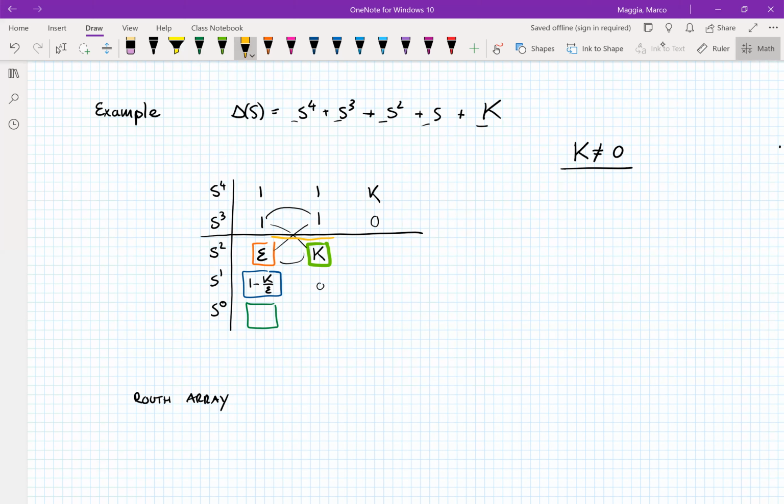Since we need these four coefficients, we have a 0 right here. So what we're looking for is the value above. And once again, that is k. All right, so our Routh array is 1, 1, epsilon, 1 minus k over epsilon, and k.